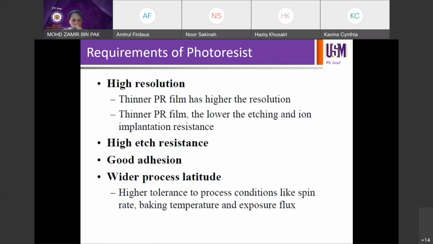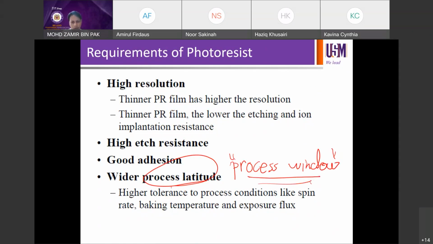Other requirements: high resolution, thinner PR has high resolution, high etch resistance, good adhesion, wider process latitude, in other words, process window. When you enter a fab or any industry, normally if you are a process engineer, we will be talking a lot about process window.